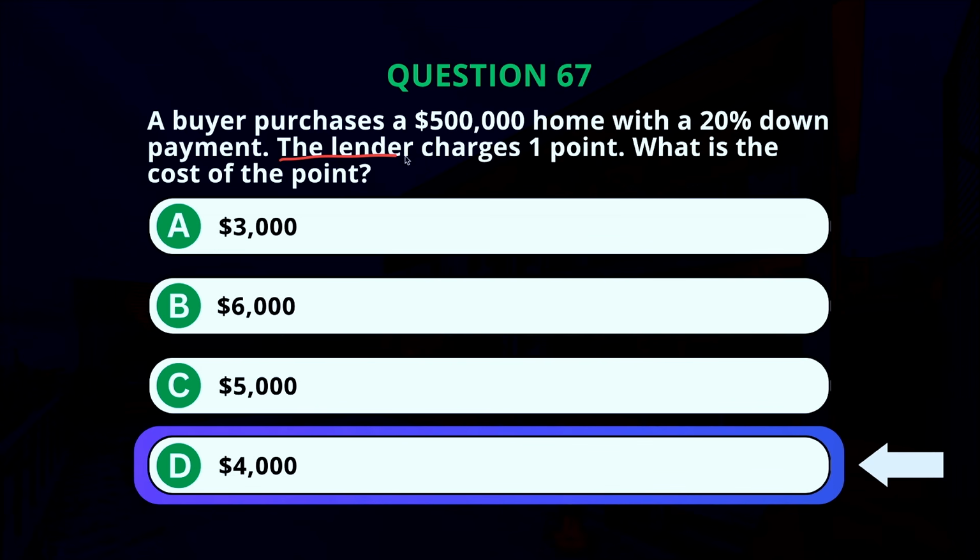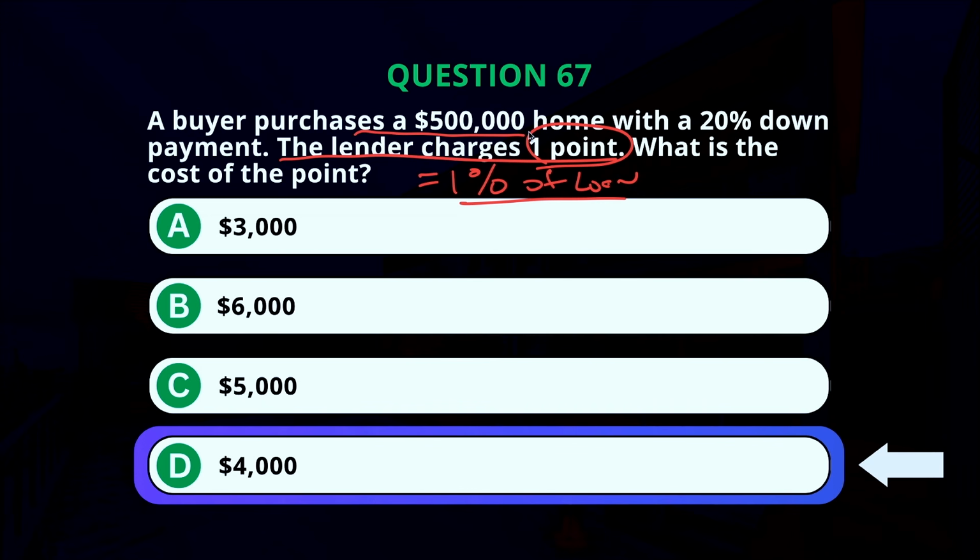Okay, so this is a straight up figuring out what 1 point is. So the lender charges 1 point. For those that don't know, 1 point is the same as saying 1% of the loan. So this is all based off of the loan amount. Well, if this person purchases the property for $500,000, they didn't borrow $500,000. They put down 20%. So we have to figure out what is 20% of $500,000, and then eliminate that from the purchase price.